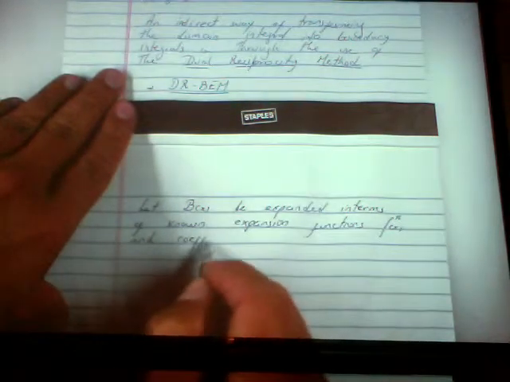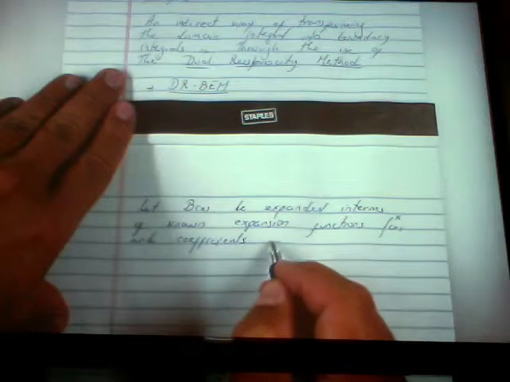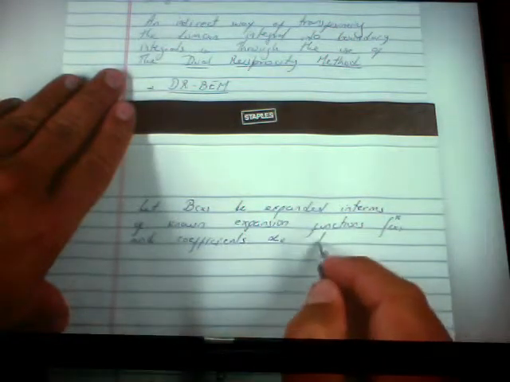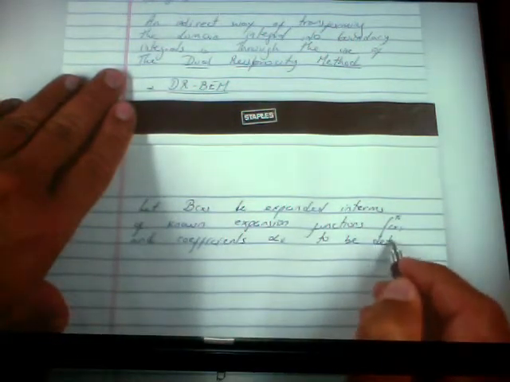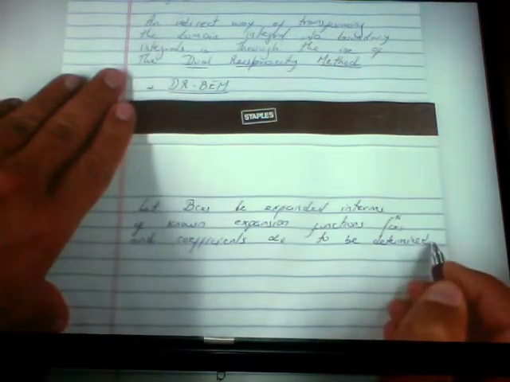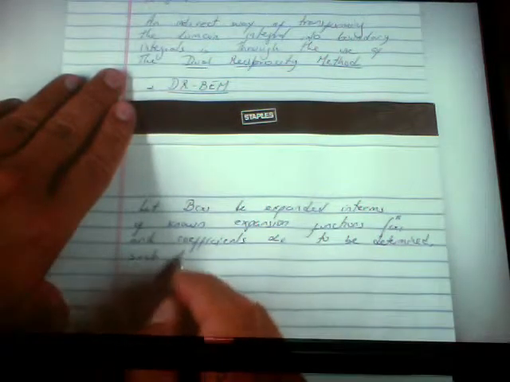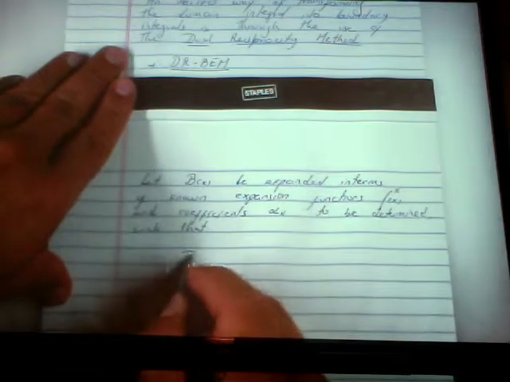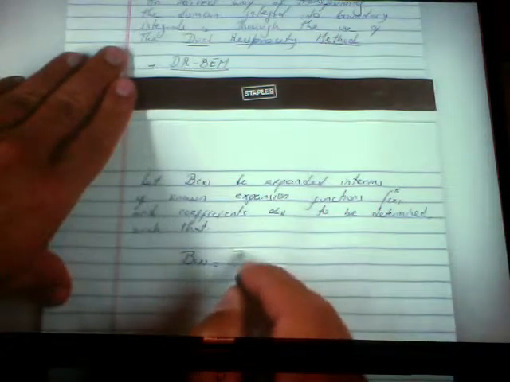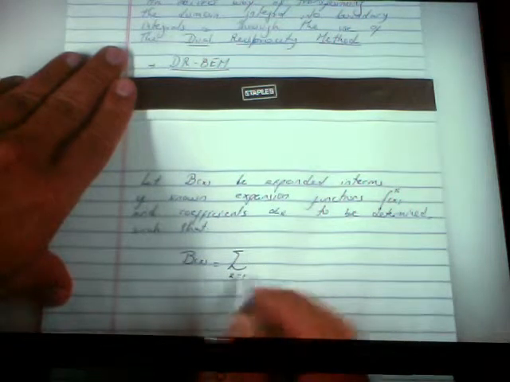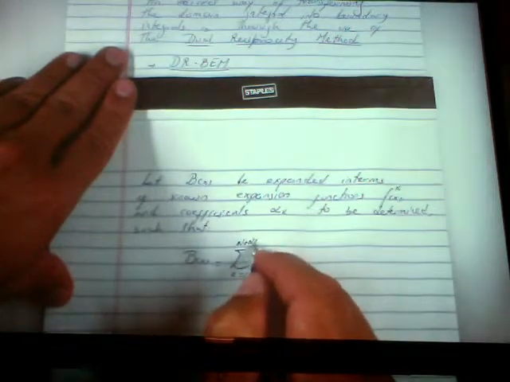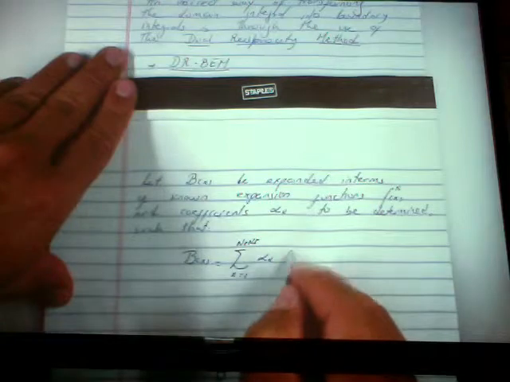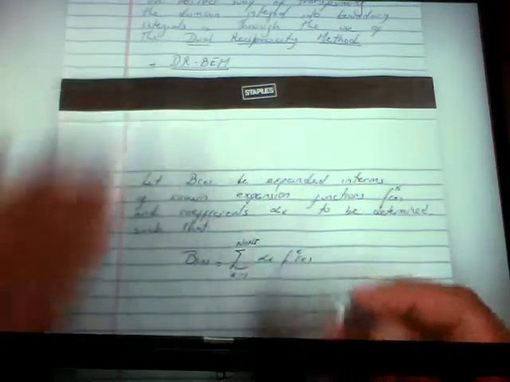So we have k different functions and coefficients alpha_k to be determined, such that b is equal to the summation from k equal 1 to n plus n_i of alpha_k f_k of x.